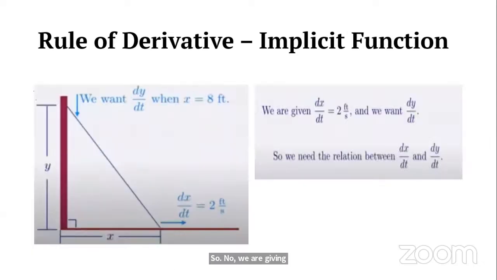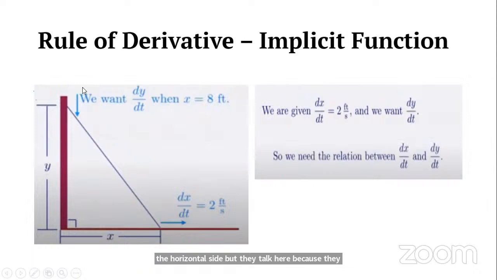We know our ds dt. And we want to find dy dt. Because you know the ds dt, but they are asking you dy dt. So we need to relate dy dt and ds dt. So you have your ds dt at the horizontal side, but the top here, because the top is your y-axis, then you have dy dt there.